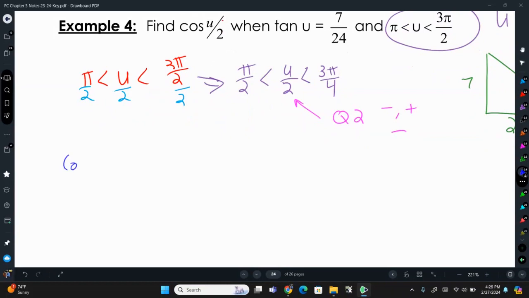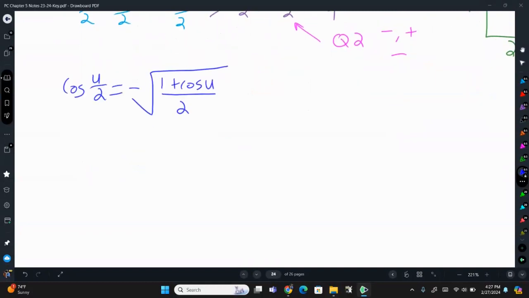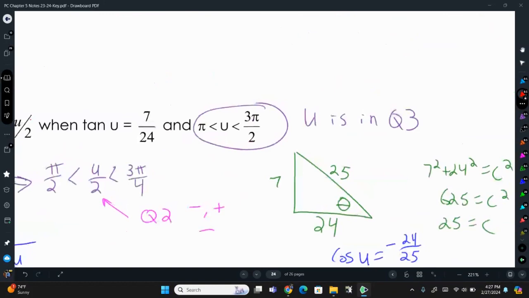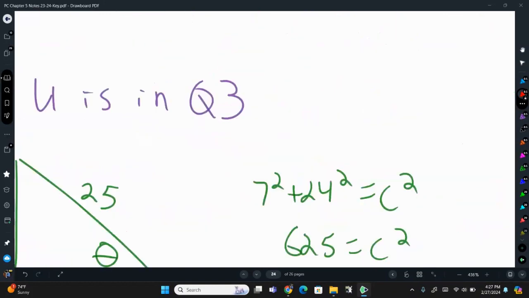So cosine of u over 2 equals, well, because we are in quadrant 2, where cosine is negative, we're going to use the negative sign in front. So negative square root of 1 plus cosine of u over 2. Now the cosine of u is negative 24 over 25 because u is in quadrant 3 where cosine is negative.